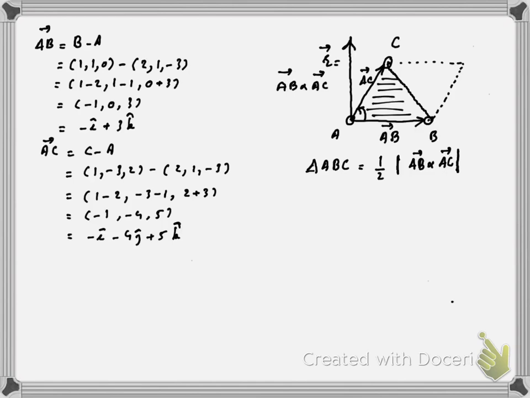Now we find vector AB cross AC. It is equal to determinant of order 3 by 3 of first row i, j, k, second row A1, A2, A3, third row B1, B2, B3.